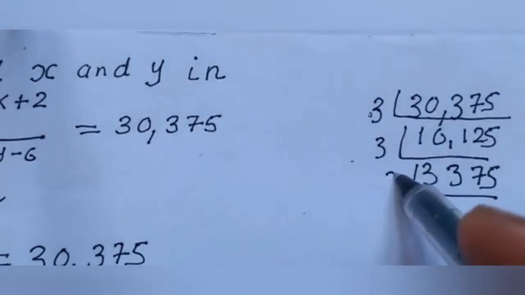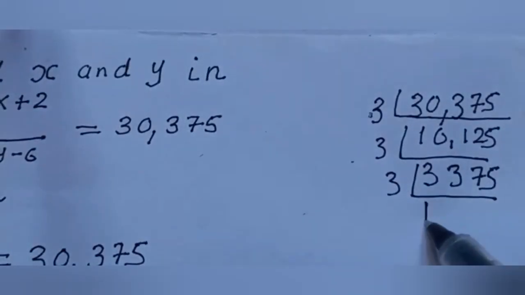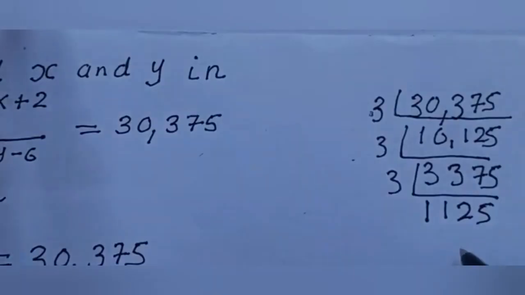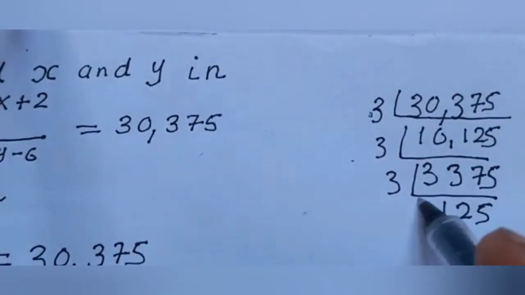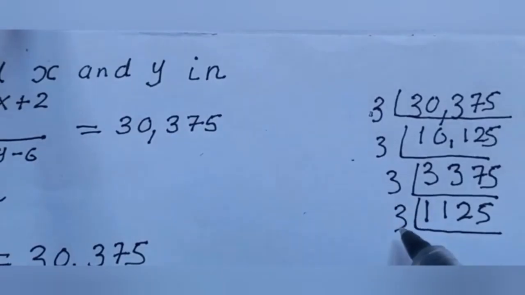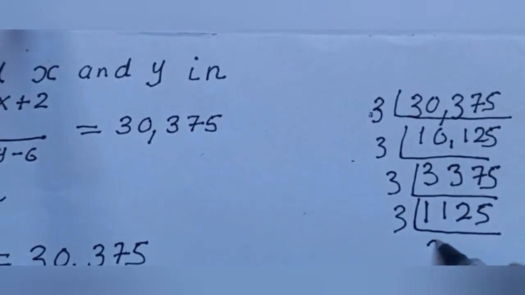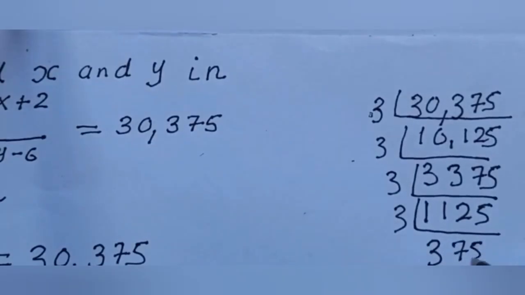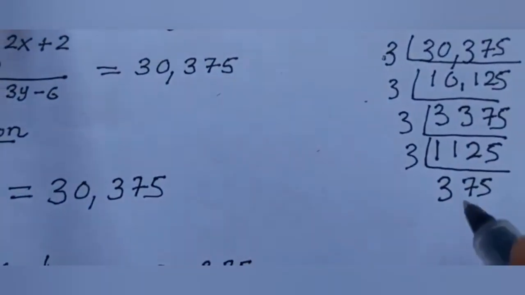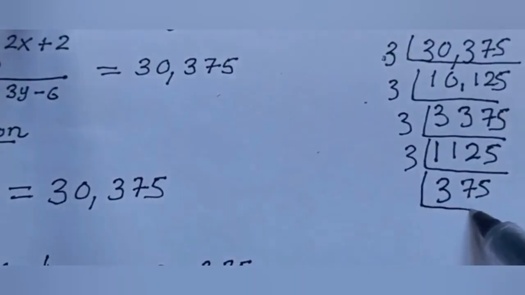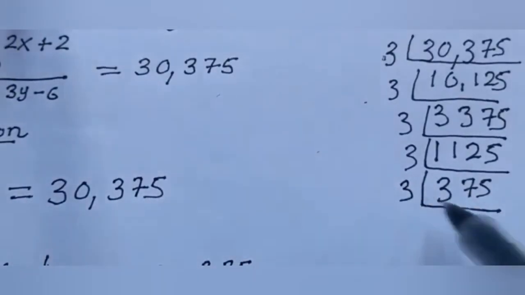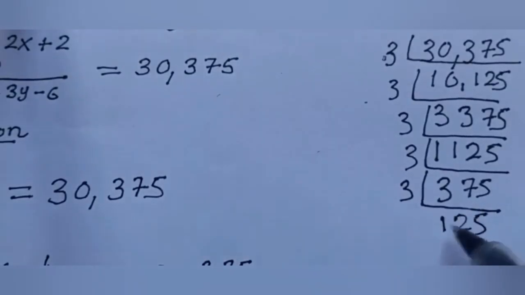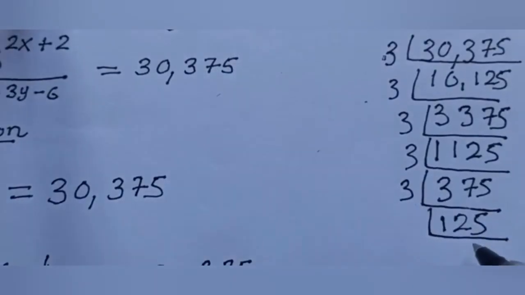Divide by 3 again, we get 1,125. Divide by 3 again, we get 375. Divide by 3 again, we get 125.